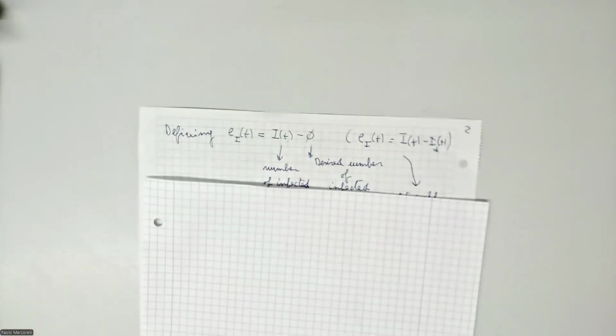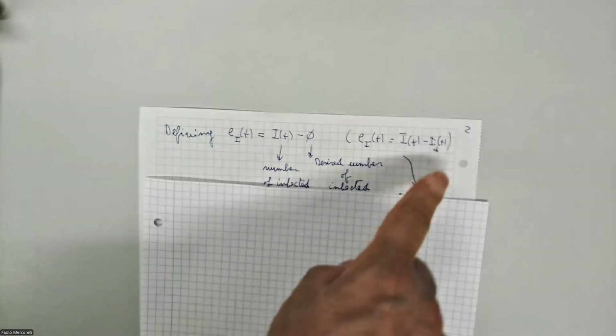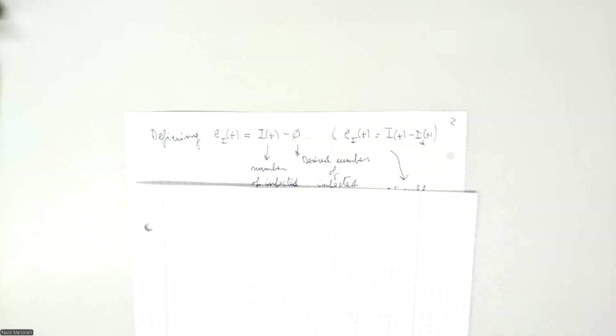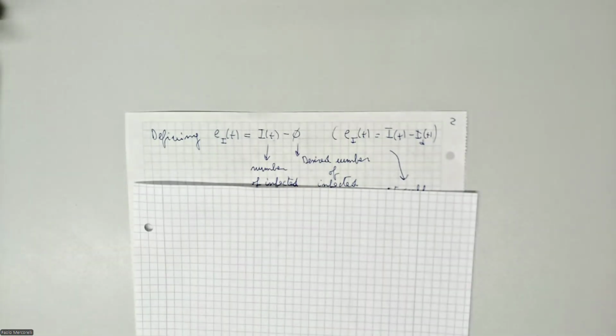If the goal is I equals 0, infected equals 0, we can state the error between the number of infected and our goal, the desired number of infected. This could also be not necessarily 0, but something which can nevertheless be stated. So set it equals 0.